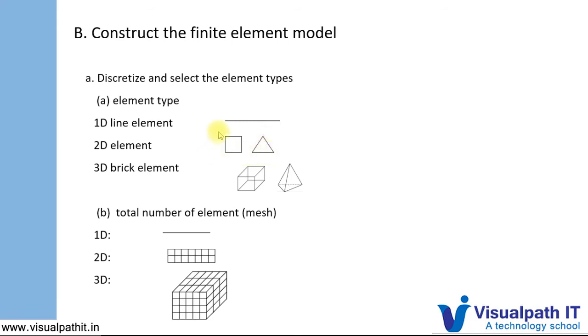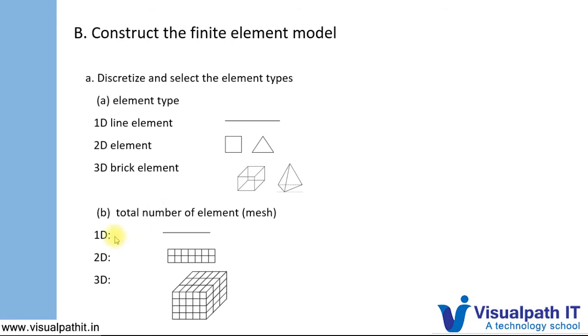These are the general elements available in all the commercial softwares. When it comes to a 3D element, we will have a brick element, which is in the shape of a brick, and we can have a tetrahedron also, which is a 3D form of the triangular element.